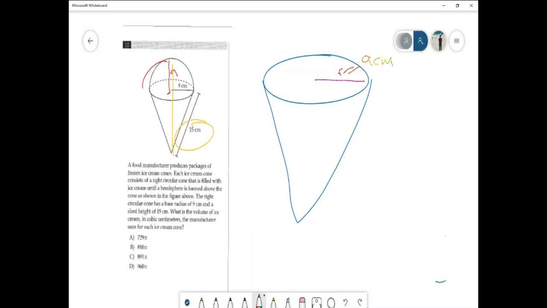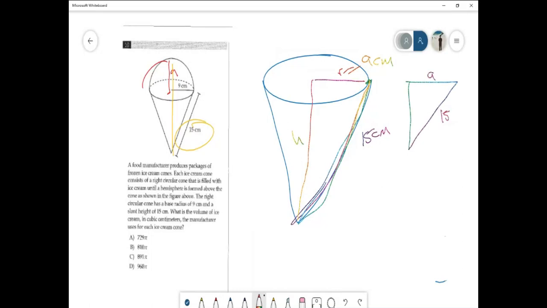The right circular cone has a base of 9 centimeters. So the radius r is equal to 9 centimeters. The right circular cone has a base of 9 centimeters and a slant height of 15. From here to here, this length is 50 centimeters.